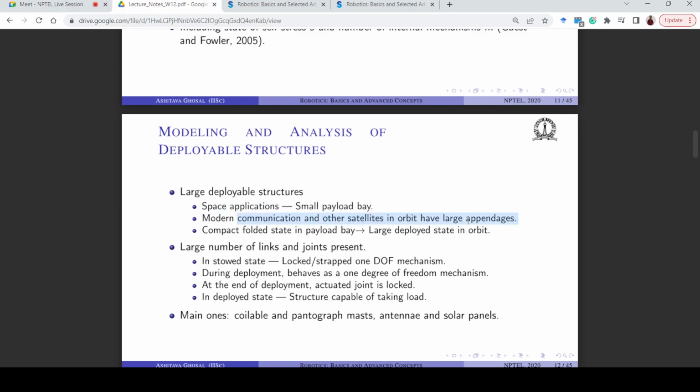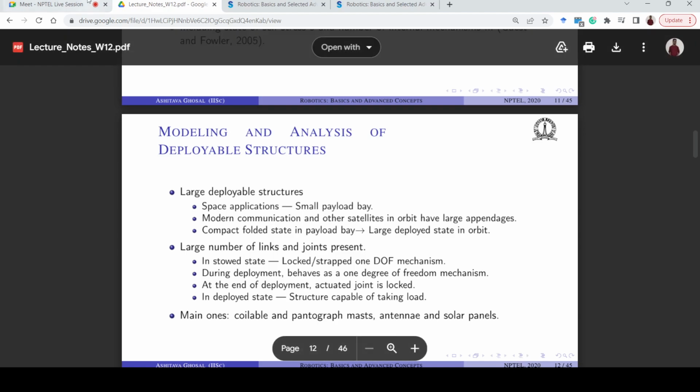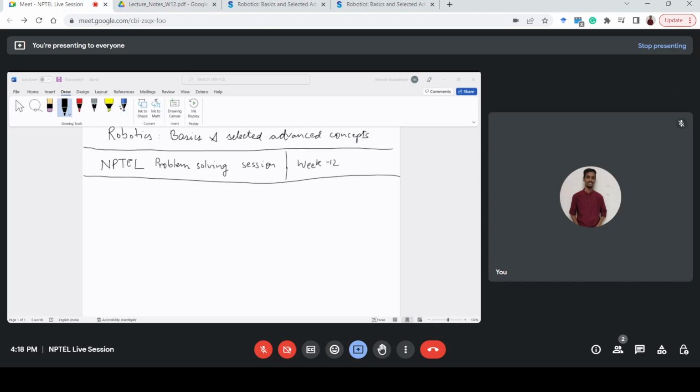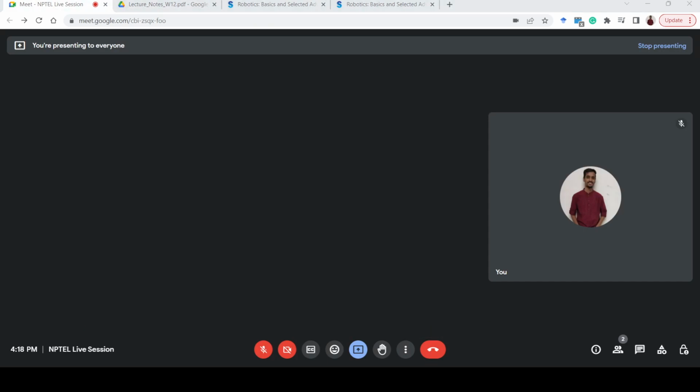Modern communication systems have large appendages. For example, suppose there is a satellite and it has solar panels at both of its ends.